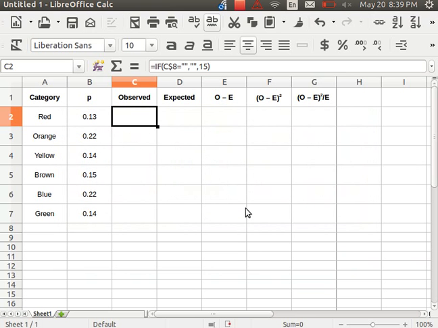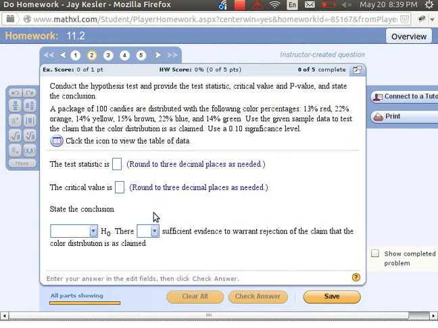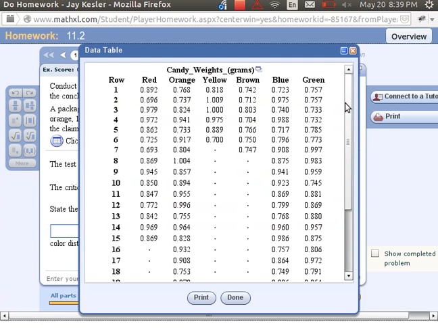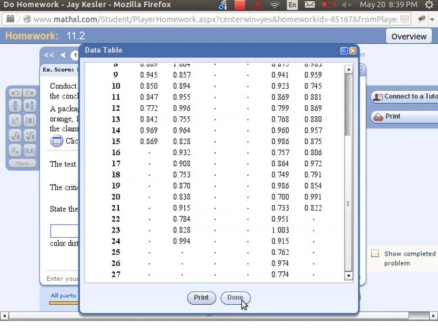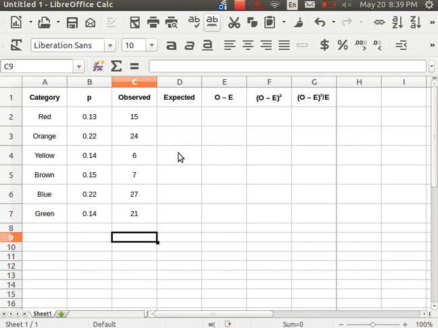Okay, so let's go put those into Excel. So we had 15 red, 24 orange, 6 yellow, 7 brown, 27 blue, and 21 green. Double check my numbers. 21 green. Okay. So on Excel, to calculate the expected frequency, the first thing we need to do is count up how many observations there were total.